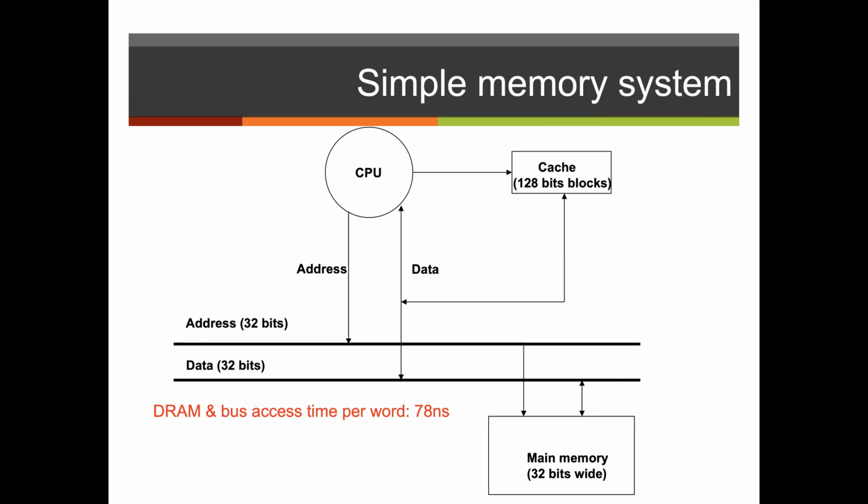So if we compute the block transfer time for a block size of 4 words and assume that all 4 words are retrieved from DRAM before the data transfers to the CPU, we'll have an access time for those 4 words of 300 nanoseconds. And this is considering that we have an address that is 32 bits and a data bus of 32 bits.